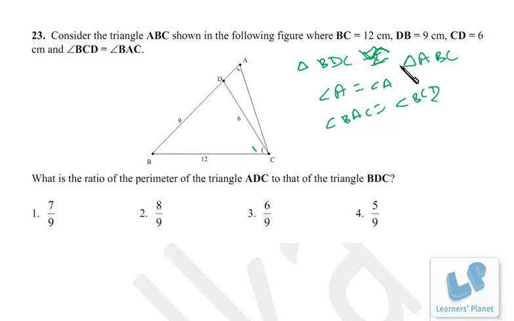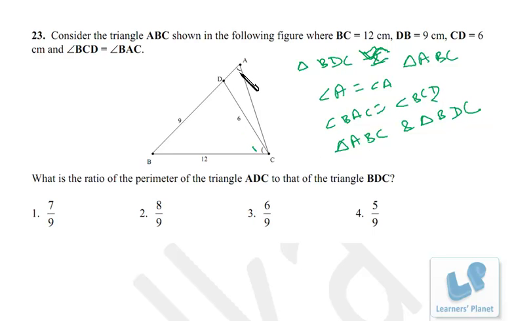Now if the two triangles are similar, obviously their sides will be in ratio. Now how to put their sides into ratio, just see carefully. I take triangle ABC, just write it here once again. You don't have to write it again and again. I'm just writing it for your clarity. Triangle ABC and triangle BDC.